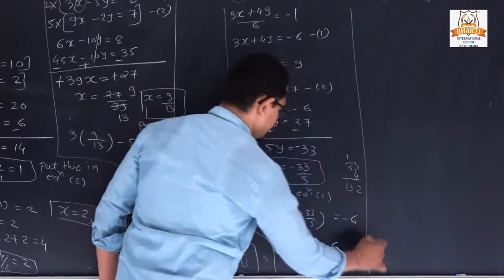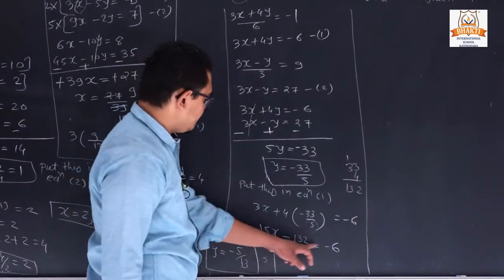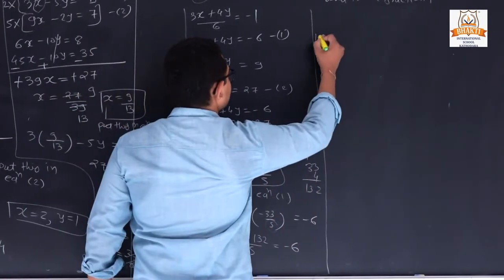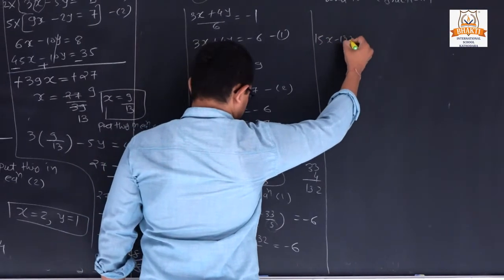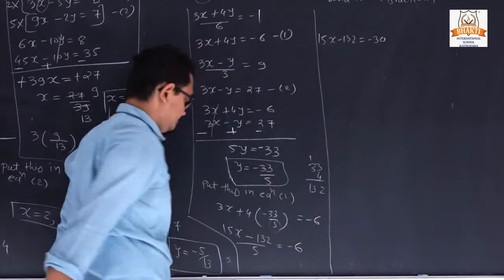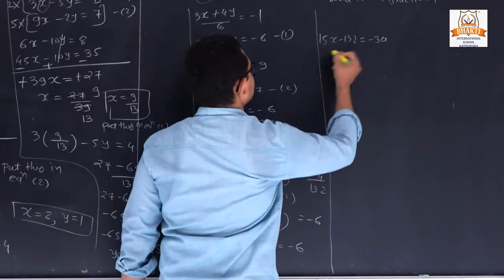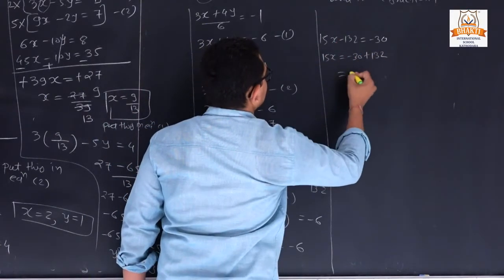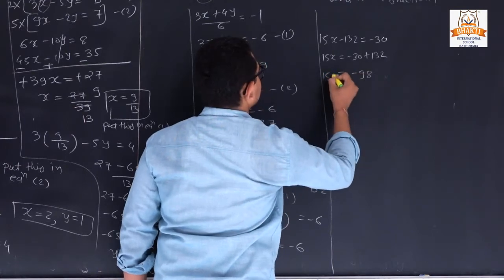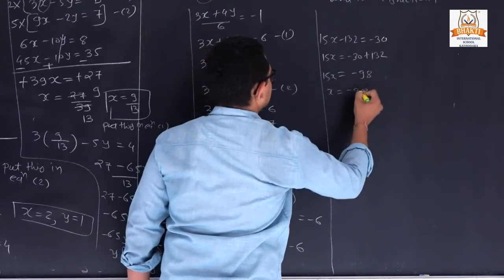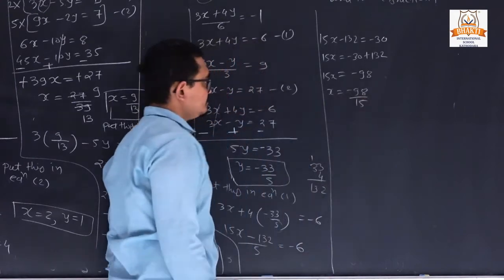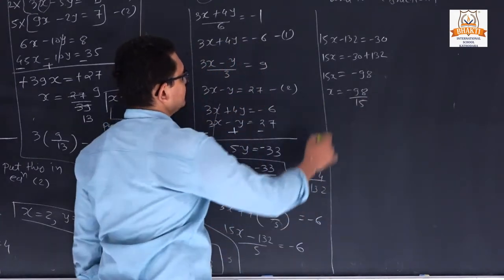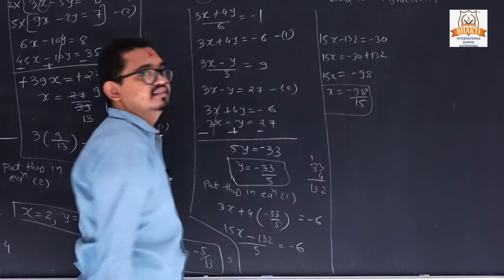Now next, 6 5s are 30. So 15x minus 132 is equal to minus 30. Now minus 132 is going to the second side, so it becomes plus. It is minus 98. So x is equal to minus 98 upon 15. So yeah, this is the solution of that equation.